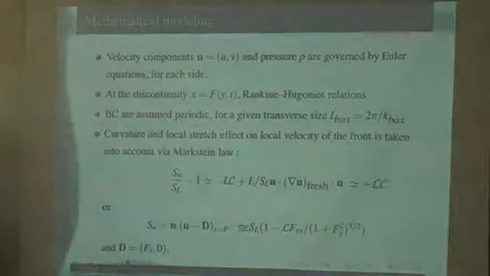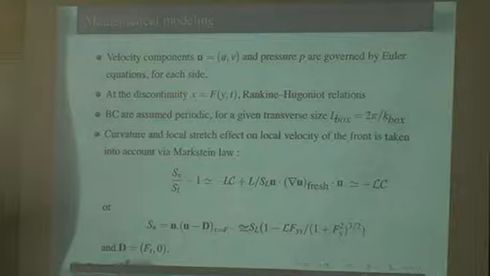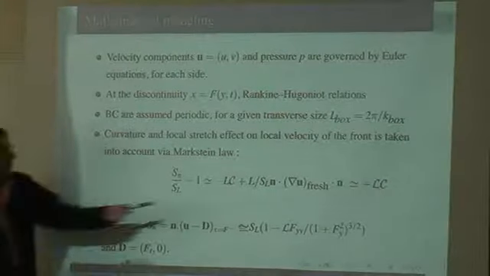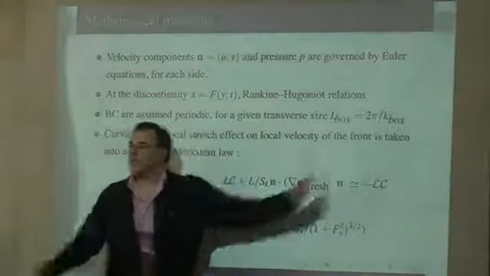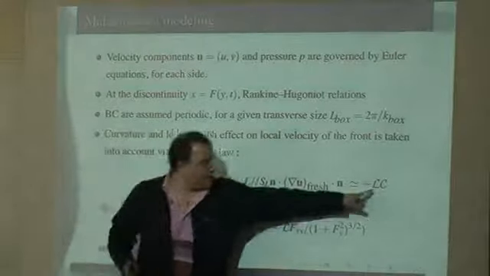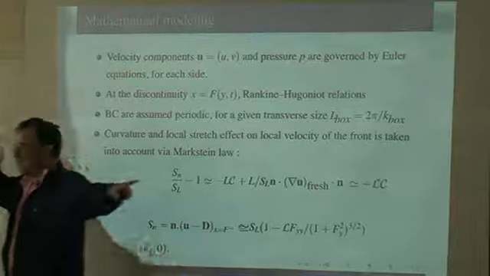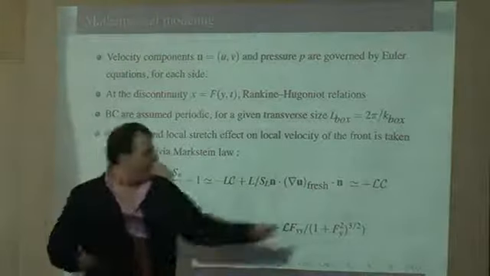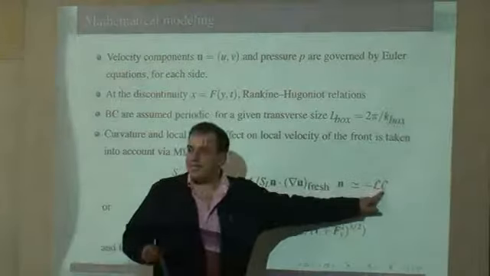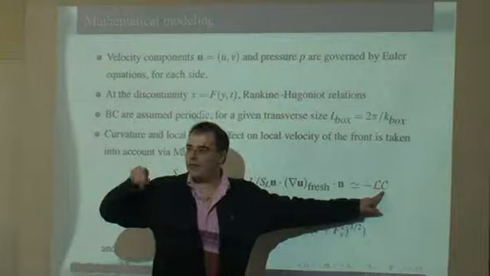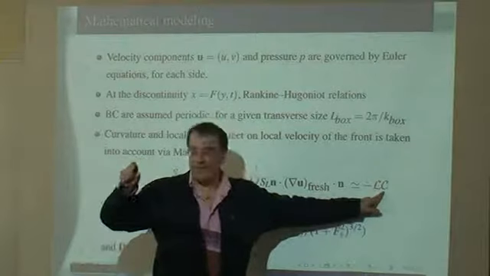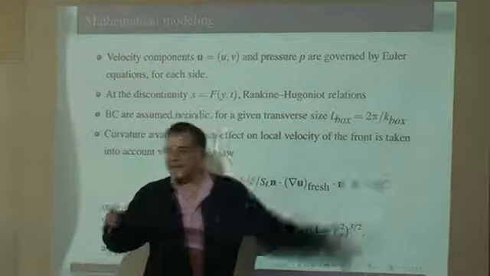So this is only a model. This parameter is dimensionless, but curvature is 1 over length, so LC is dimensionless. C is the curvature, 1 over the curvature radius, and L is the length.